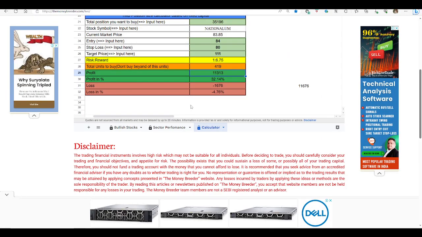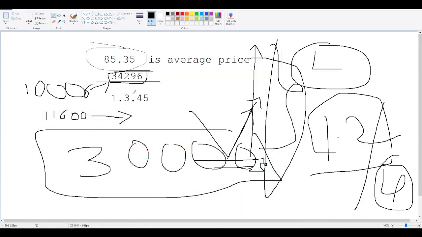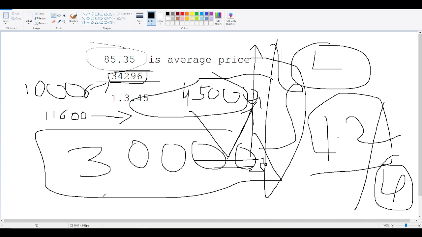Additionally, how much amount are we going to get? We are expecting 11,000 rupees. You add 11,000 rupees, which is going to be around 45,000. How much risk are you taking? The risk we are taking is 1600.